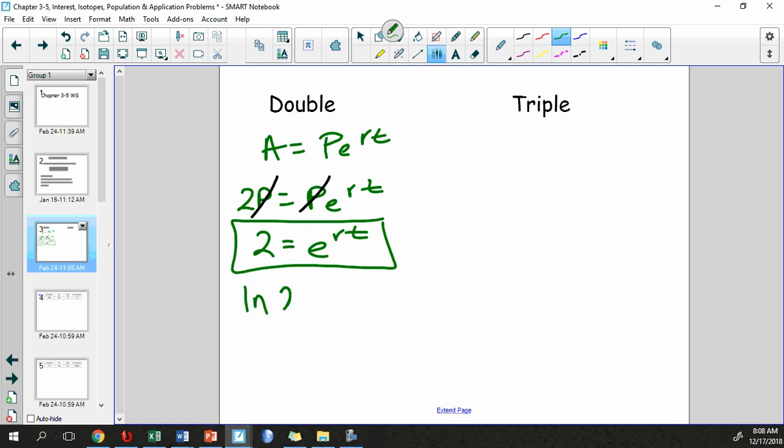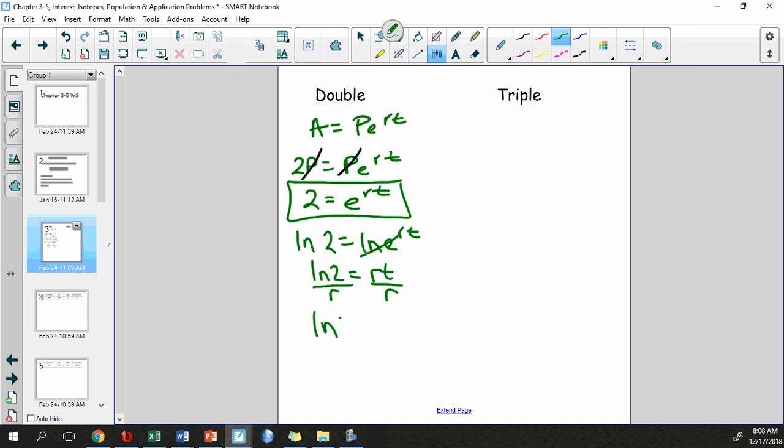So if I take the natural log of both sides, you're going to have the natural log of 2 is equal to R times T, divide by R, and you're going to have that the natural log of 2 divided by R is equal to the time it's going to take to double. Make sense? That's the time it's going to take to double. It doesn't matter how much money I put in because the P's are always going to cancel out.